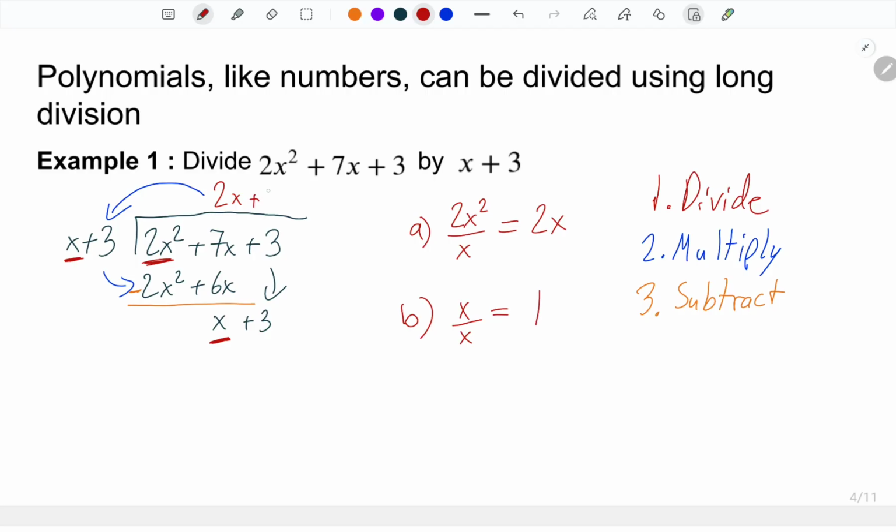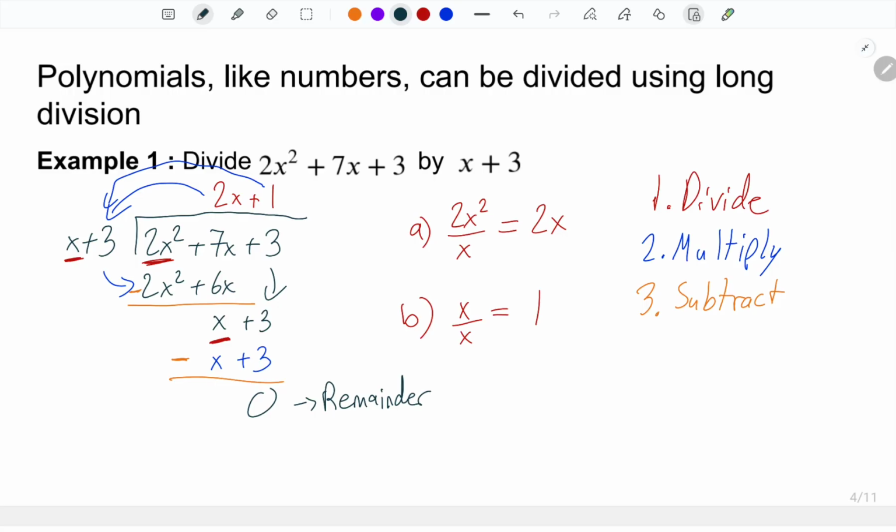And so then that's what's going to go next. So 2x plus 1, and multiply it back in. And you'll see 1 times x plus 3 will just give you x plus 3. And then subtract. And if you subtract, you are left with, well, 0. So you actually have nothing left. You have no remainder.